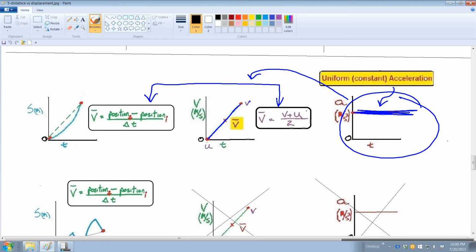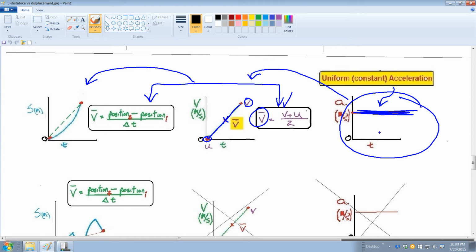So if you take the final and the initial velocities of that line, and you take the midpoint, which is the average between these two, that would be one way of calculating the average velocity. The other way is going over to the displacement graph.